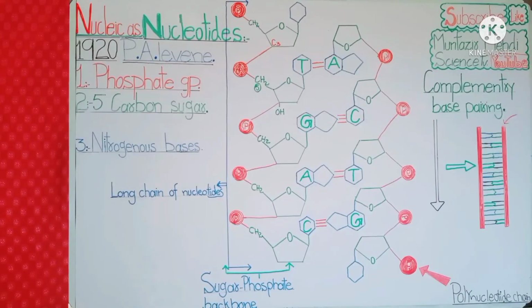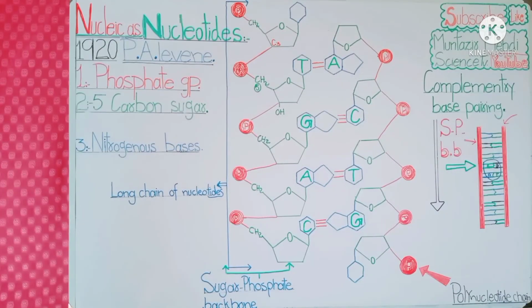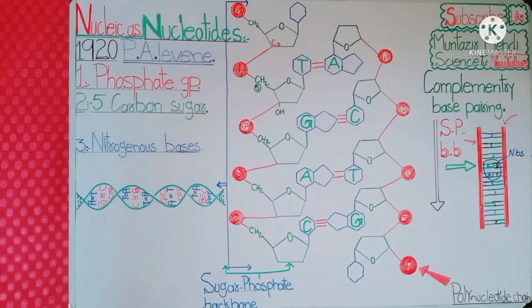You can see that the supports of this ladder in red color represent the sugar phosphate backbone, and the rungs of the ladder represent nitrogenous bases that are attached to each other with the help of hydrogen bonds. Now the original structure of DNA is of course similar to a double helix.